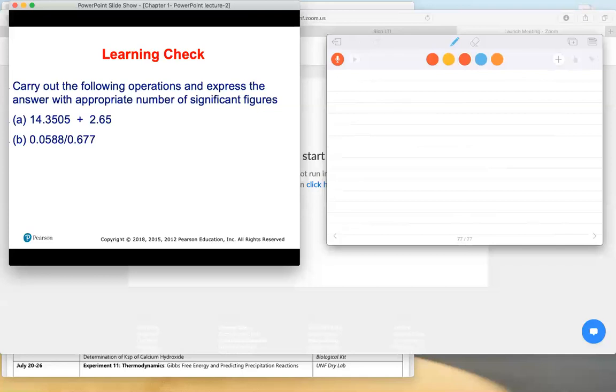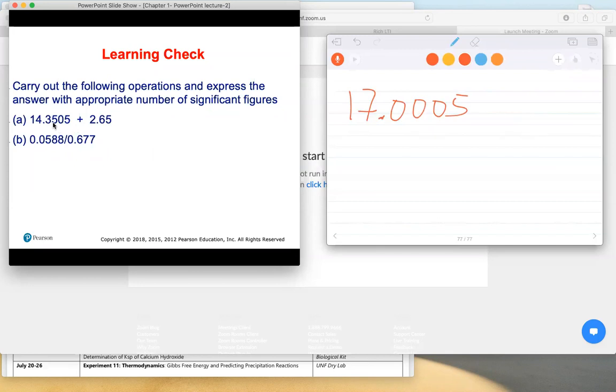My calculator is giving me 17.0005. Looking at the places of decimal, this falls under addition and subtraction, so the answer should have 2 places of decimal, since 2.65 has 2 places of decimal.